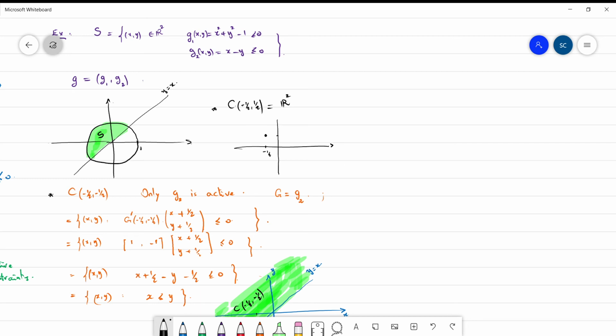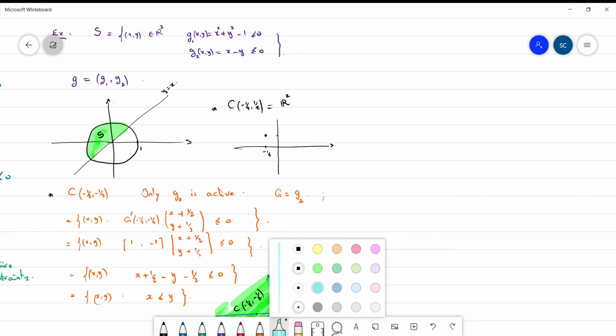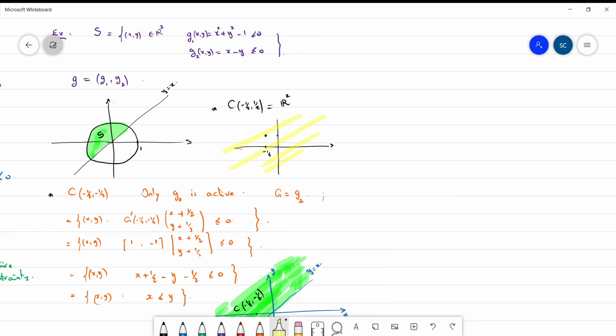So the whole plane. We need to consider the whole plane. So this is C.